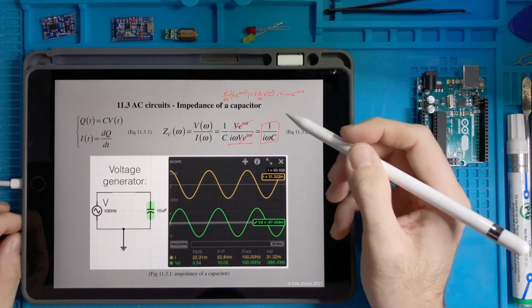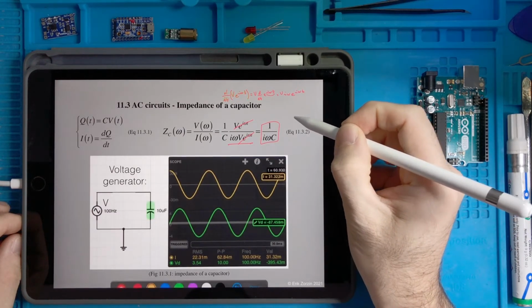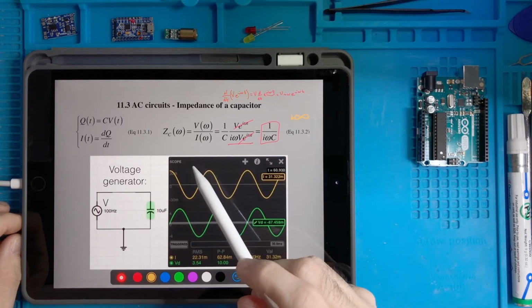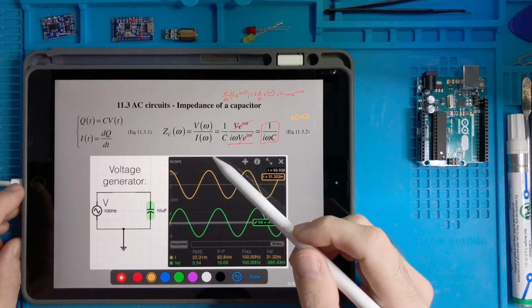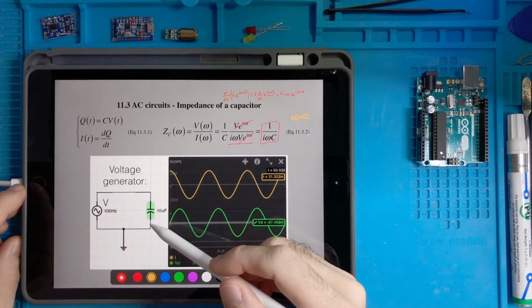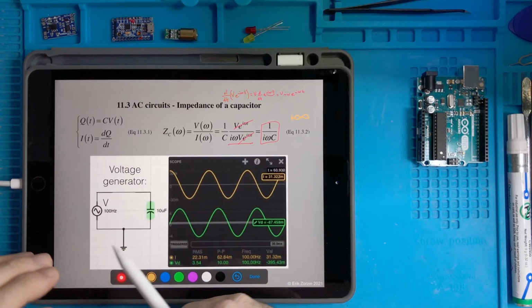We have something like 1 over 0, which is sort of plus infinity, which means that in terms of voltage and current, it's something like the resistance of a capacitor when we drive it with a constant voltage.